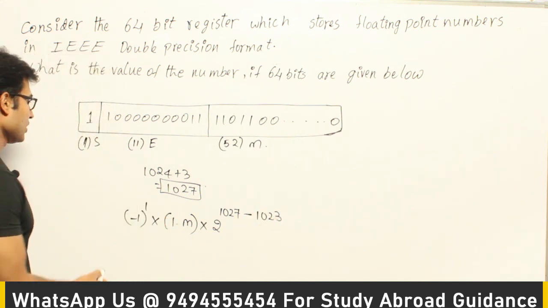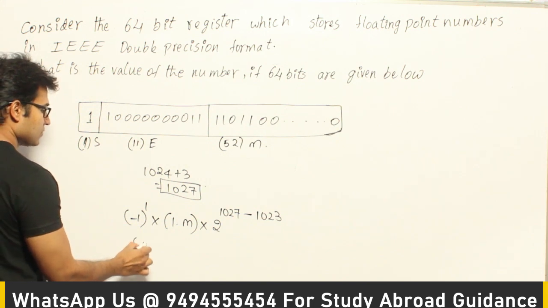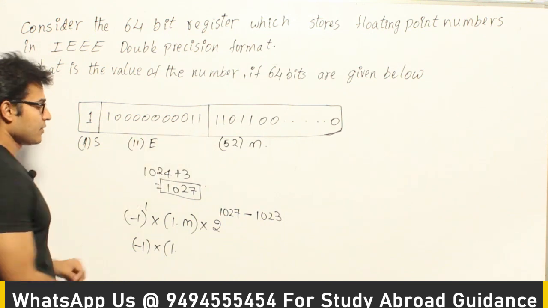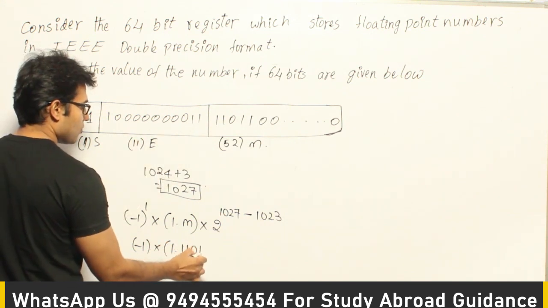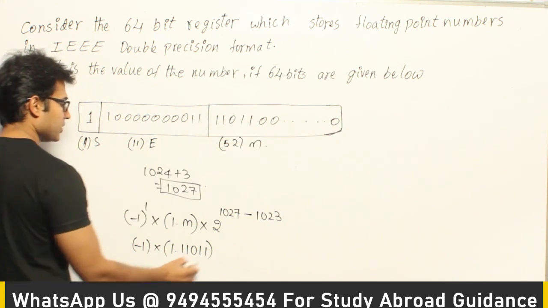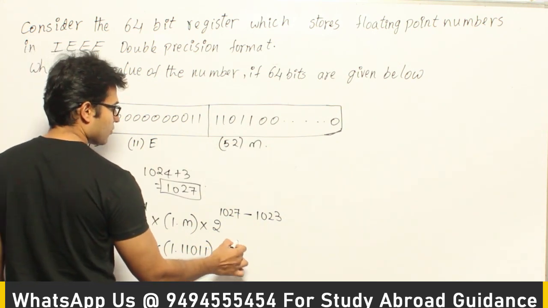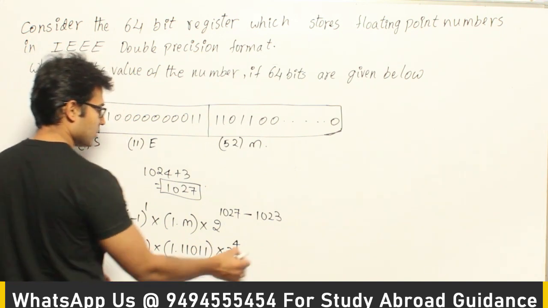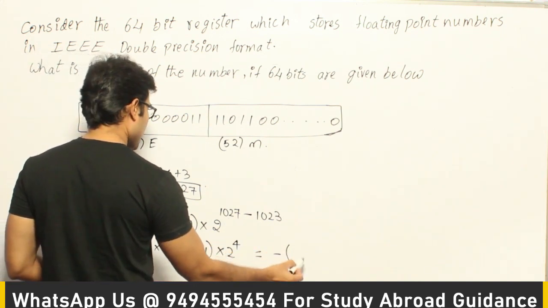Now what do I get? Minus 1 into 1 point, what is the mantissa? 11011, isn't it? All the remaining are 0, so I am not writing them, into 2 power 4, right?